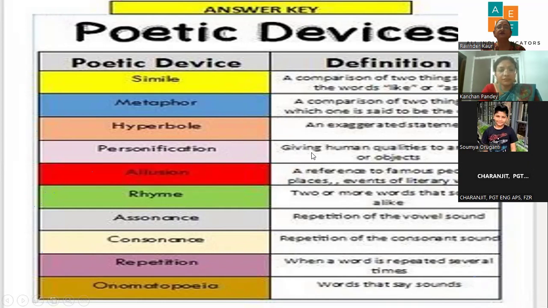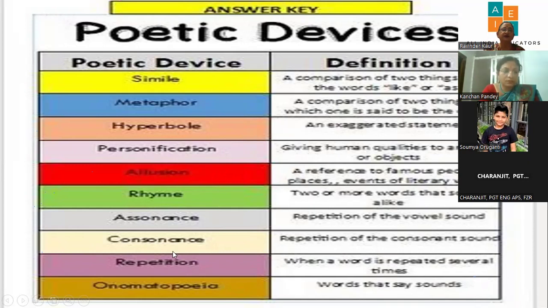Personification, we all know, when human traits are given to objects and animals, then we say it is personification. Allusion, a reference to famous people, places, events, and literary works. And rhyme, two or more words that sound alike.